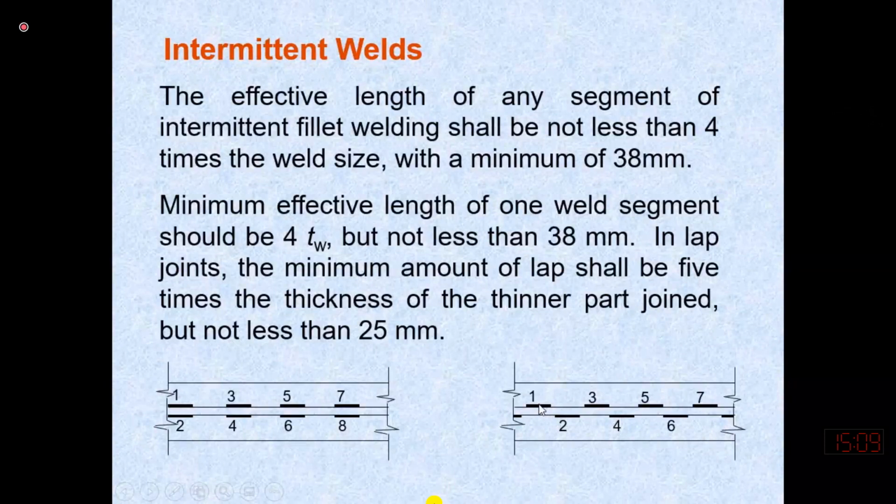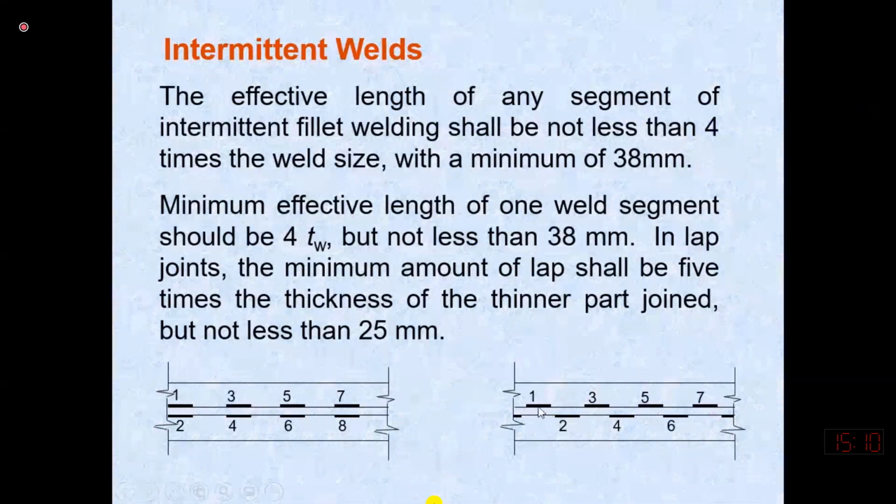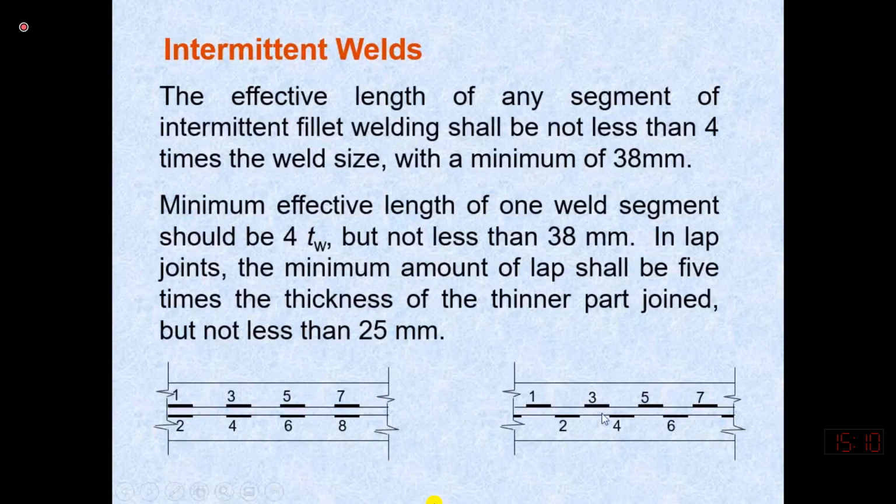So pitch is the distance from the center of one weld to the center of the next weld on the same line. Stagger is the distance from the center of one weld to the center of the weld which is on the second row or in the transversal direction.